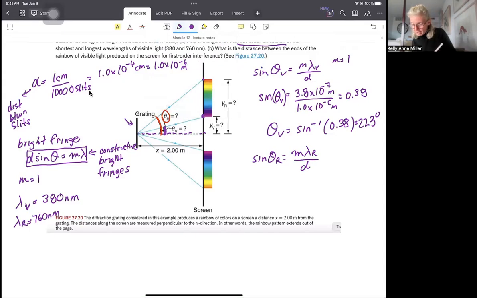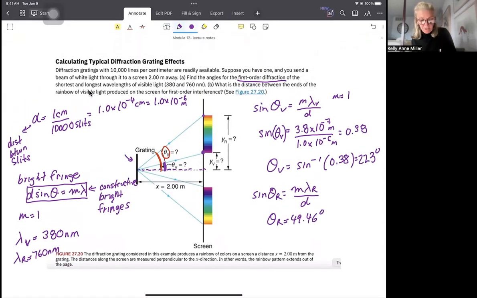I'm not going to do it all out for you, but if you calculate that, you substitute in 760 nanometers for lambda, m equals 1, and then the distance between the slits, and then you take the inverse sine of that, you get 49.46 degrees. Okay. So that's part A.